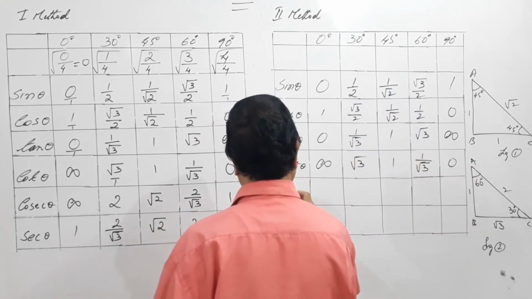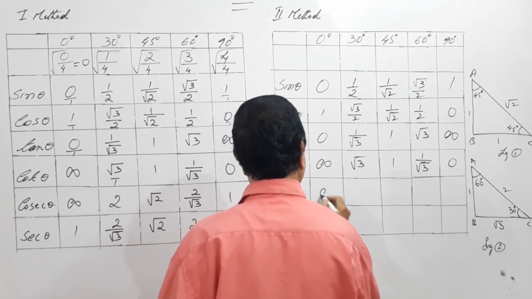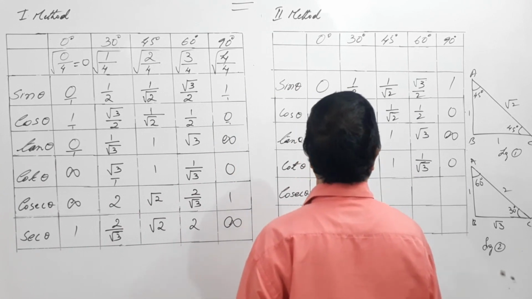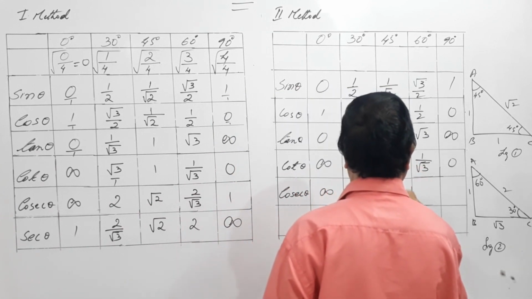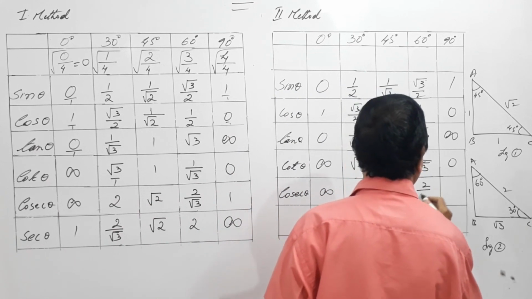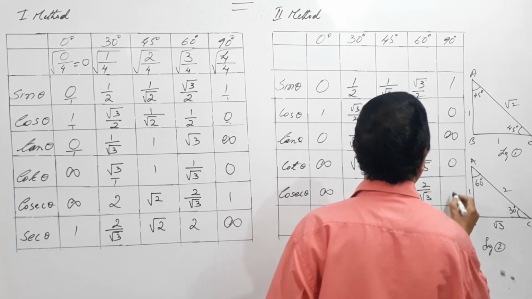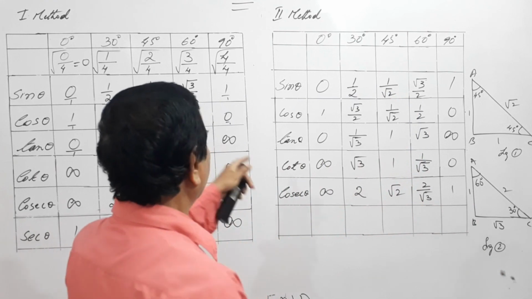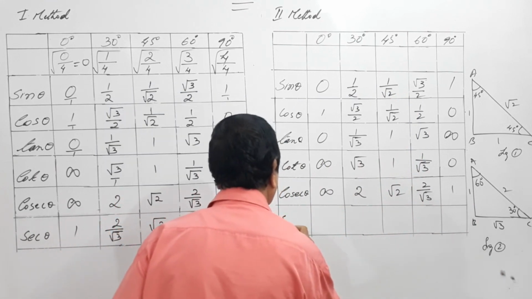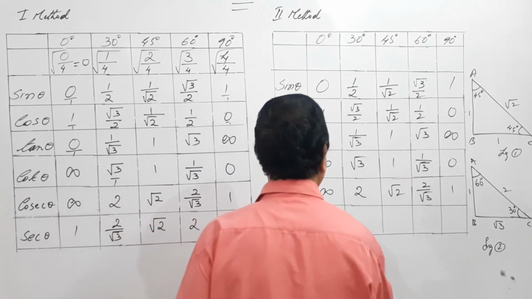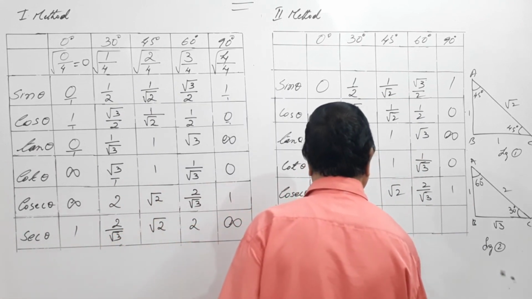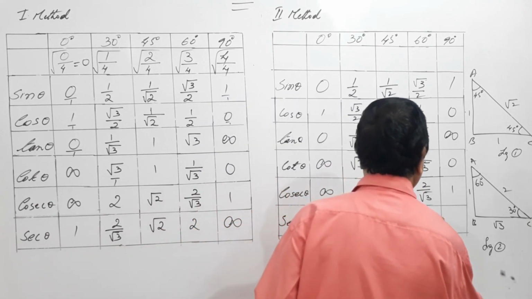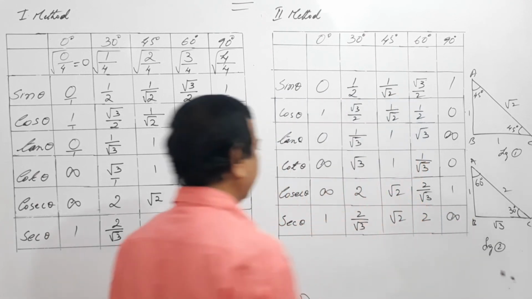The next is cosecant theta: infinity, 2, root 2, 2 by root 3, and cosecant 90 is 1. Then secant theta: 1, 2 by root 3, root 2, 2, and infinity.